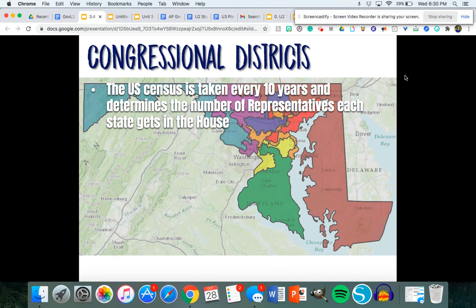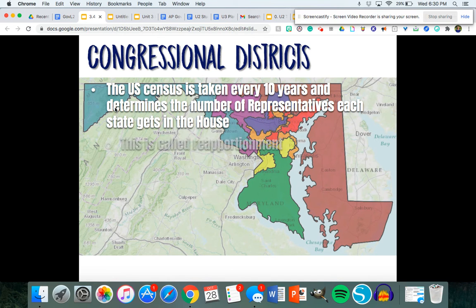It's that small piece of land, kind of like what you see in the background here, that is represented by a congressperson in the House of Reps. Now, the US Census is how we determine the number of representatives that each state gets in the House. And this US Census is taken every 10 years.